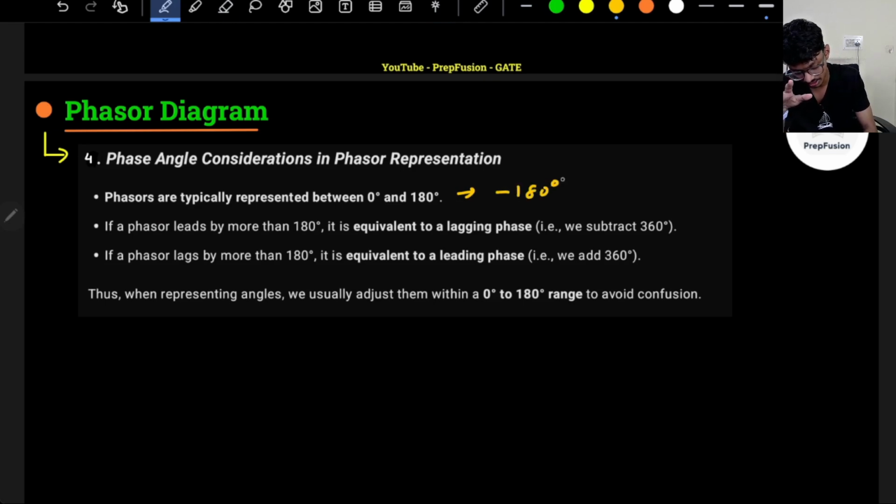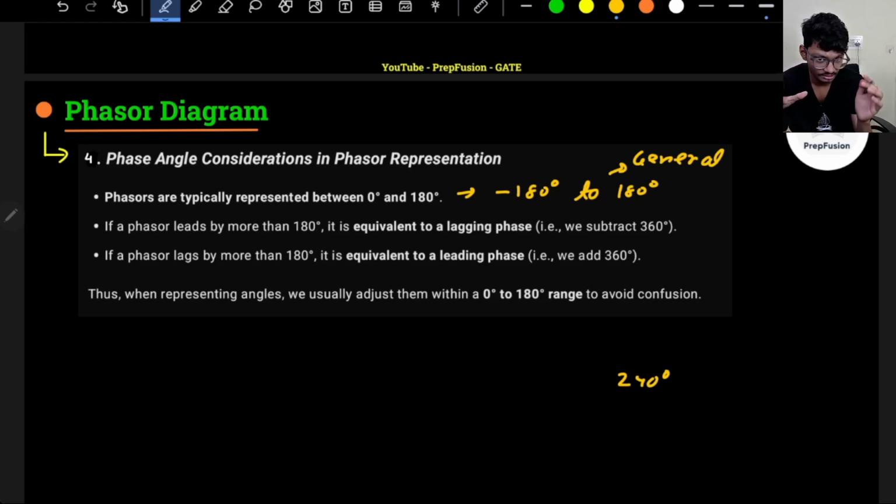So I should have written that it should be between minus 180 and plus 180. This is a general thumb rule, and it is not certain that you have to follow it only. If for a certain case you get the angle as 240, it is better to reduce it by subtracting 360, which gives minus 120.